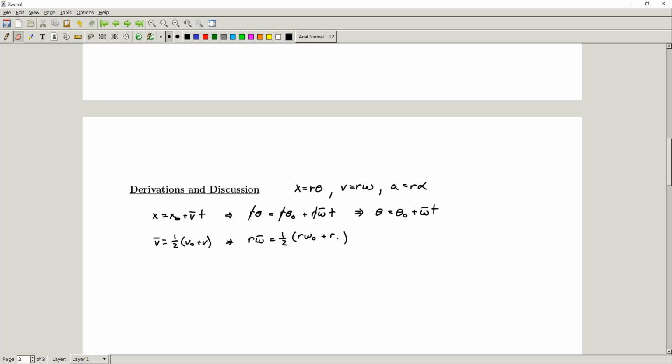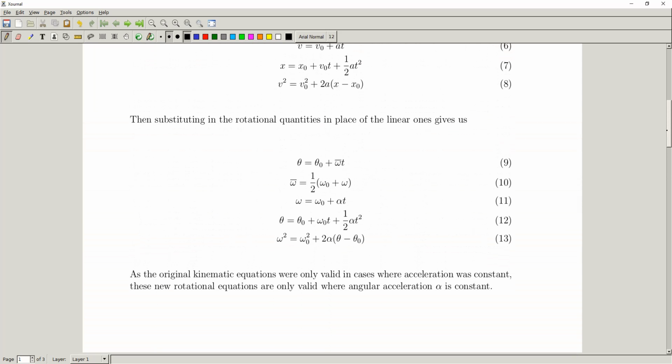There we go. And so we can just factor out both of these r's, and then we're going to find that the r's cancel, and again we end up with average omega equals 1/2 omega naught plus omega, okay, giving us our second rotational equation from up here.